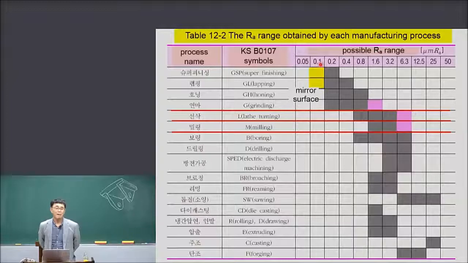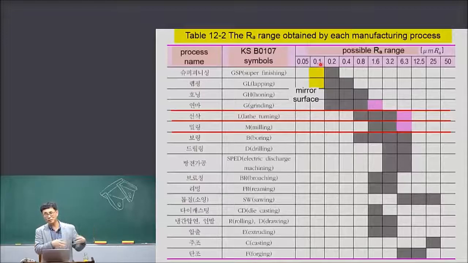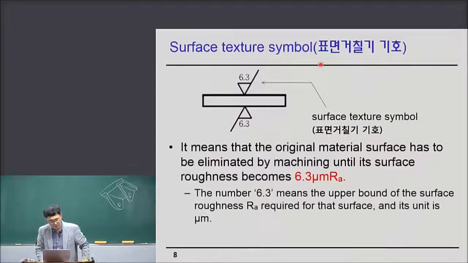So it's a very, very tiny length. You remember the definition of Ra, right? Integration of the absolute value of f(x). Then you can get the Ra value 0.1 micron. Imagine that, right? That is the surface roughness of a mirror surface.